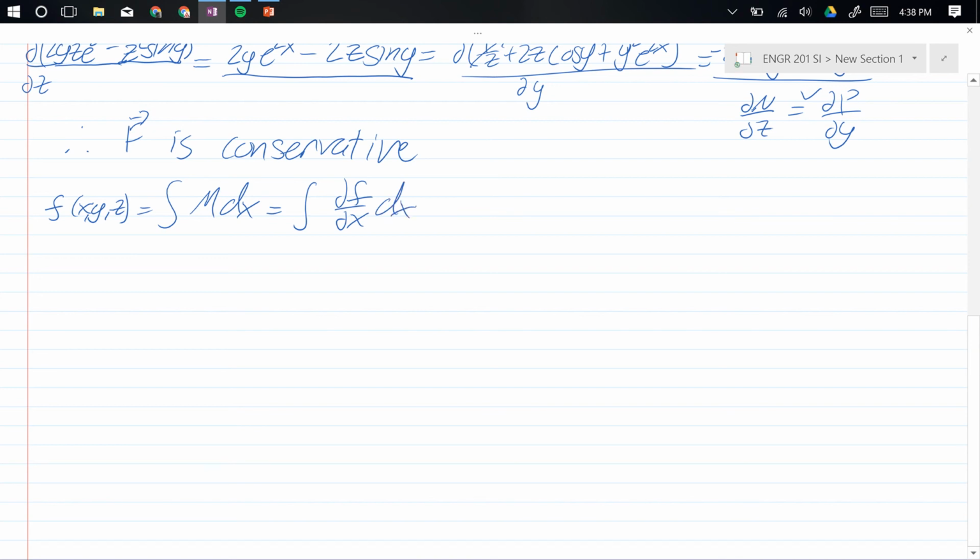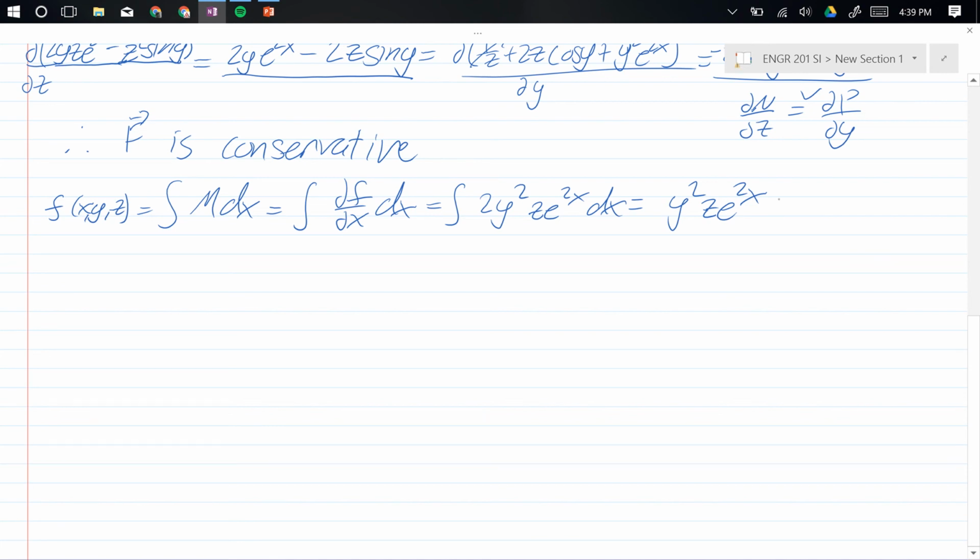We're only taking the integral with respect to x, so everything else that isn't an x can remain constant. So we get part of this f of x, y, z, plus our constant c, which will be some function of y and z. With m being 2y squared z e to the 2x dx, the integral will end up equaling y squared z e to the 2x, because we divide by the derivative of 2x, which is 2.